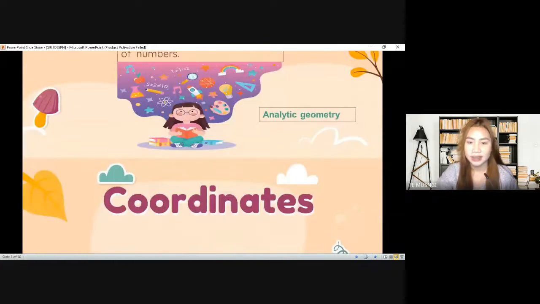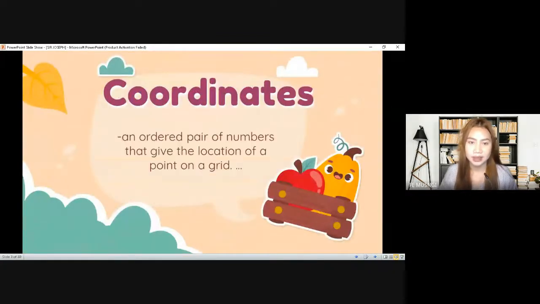Coordinates are an ordered pair of numbers that give the location of a point on a grid. It means that coordinates are a set of values which help to show the exact position of a point in the coordinate plane.